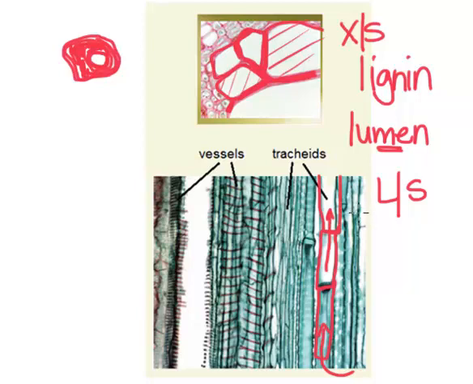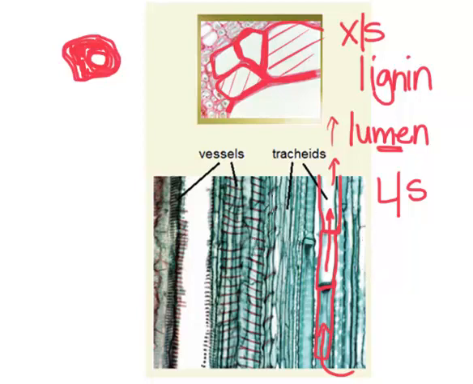Now, due to the tube-like structure, we can place these vessels and tracheids end to end, almost like a bundle of straws, getting taller and taller and taller, and in this way we can move water from the roots of the plant right up to the leaves.